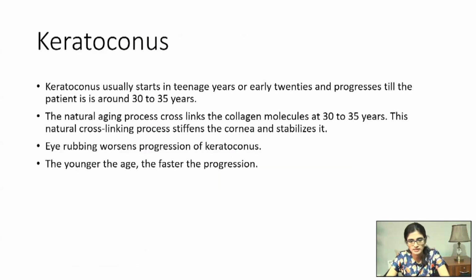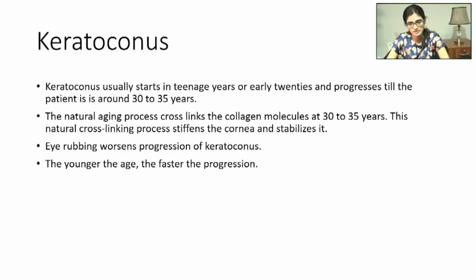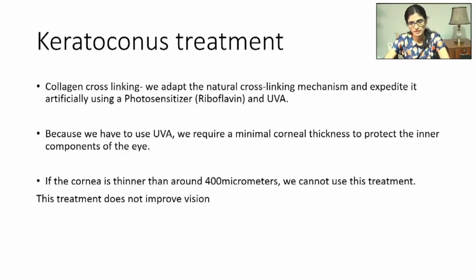Progression automatically stops in the late 20s, maybe early 30s, because of natural aging processes in the collagen molecules. For the treatment of keratoconus, we use this same aging process. We expedite it and use artificial methods of cross-linking the collagen molecules.